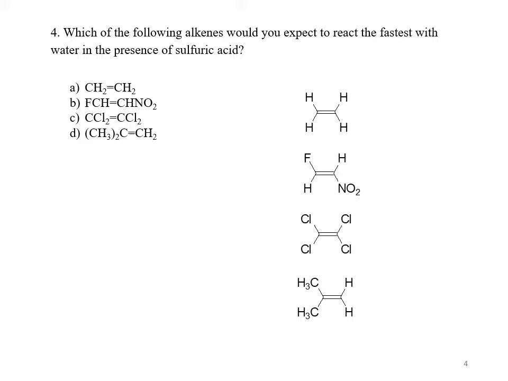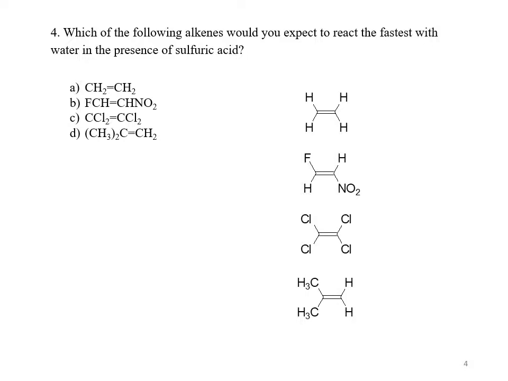Second one has 2 electron withdrawing substituents, fluorine and nitro group. So electron withdrawing substituents reduce reactivity of double bond towards electrophilic addition, so that one will have even lower activity. Third compound, tetrachloroderivative, has 4 electron withdrawing substituents, so that one has even lower activity.